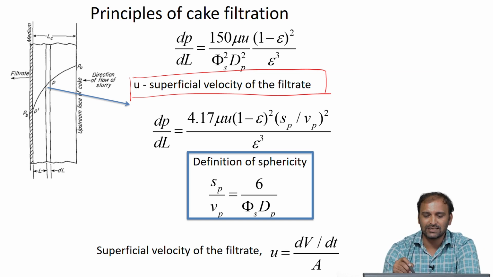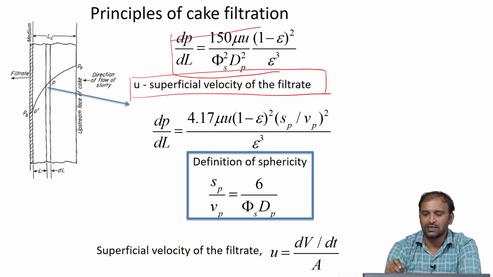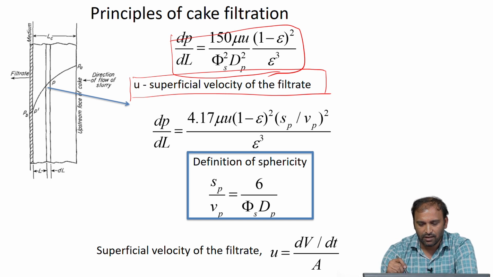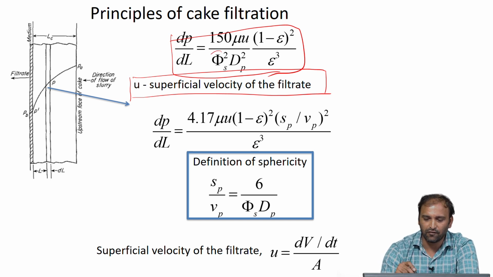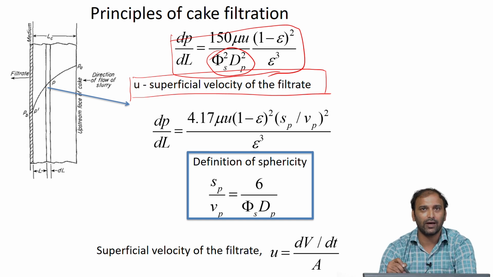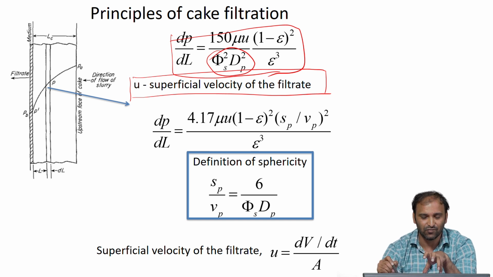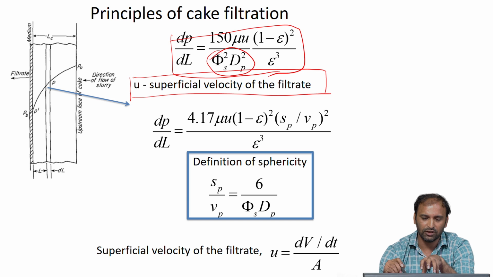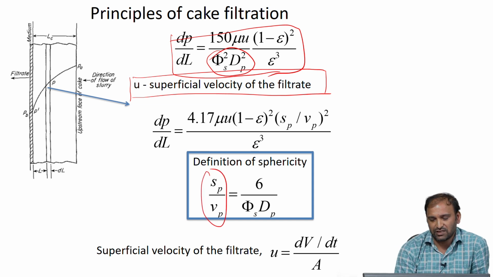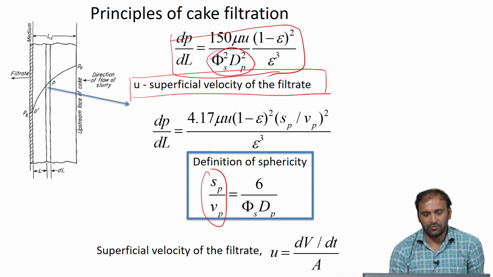What I can do is start with this expression and do some manipulations. Instead of working with phi s square dp square, where phi s is the sphericity and dp is the diameter of the particles that constitute the cake, I can replace the sphericity in terms of Sp by Vp, the specific surface area of the particle divided by the volume of the particle.